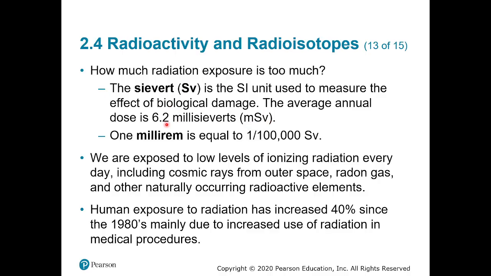And so you have a pretty constant baseline that you have throughout the year. If you're talking about something like an X-ray, that's going to be a couple months of your normal baseline radiation. Keep in mind that it depends on where you live of how much radiation you're going to get a year. Okay. 1 millirem is going to be equal to 100,000 sieverts.